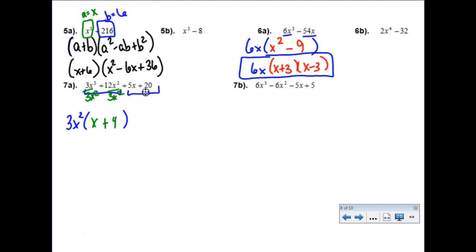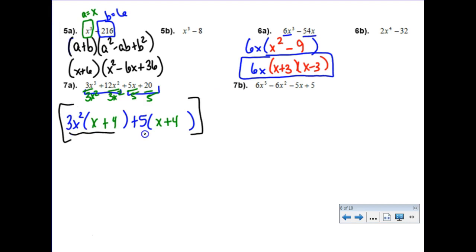And then same issue here, I need to take out a common factor. Remember, the goal is you have to take something out, and you need the parentheses to match when you're done. So common factor of 5, which means positive 5, so we write down positive 5. Look at that. We're left with x plus 4 if you divide by 5. All right, so now in the question, you have 2 terms technically.